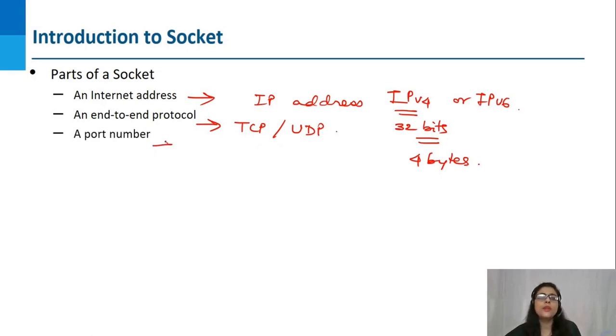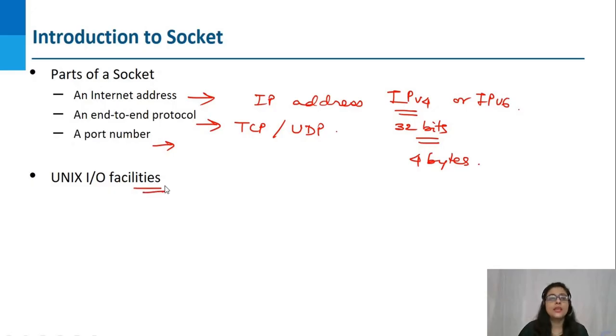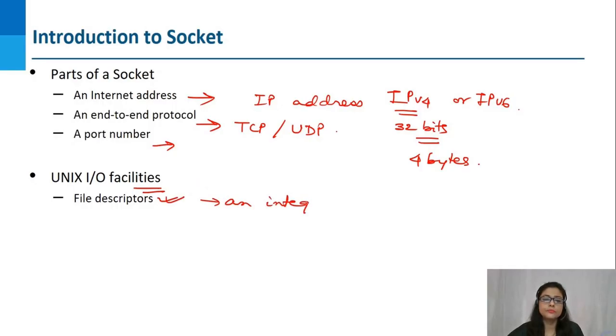Then a port number must be identified. It is like the unique I/O facilities. In order to design a socket, we must use the file descriptors. If you recall, for Unix, the file descriptor is an integer which is defined for an open file.